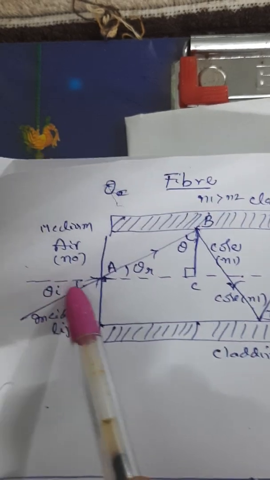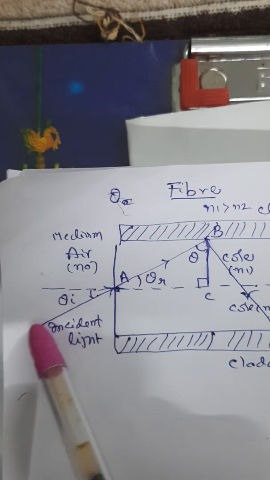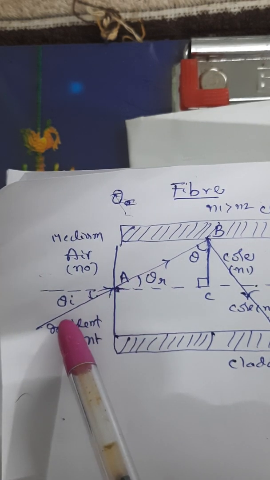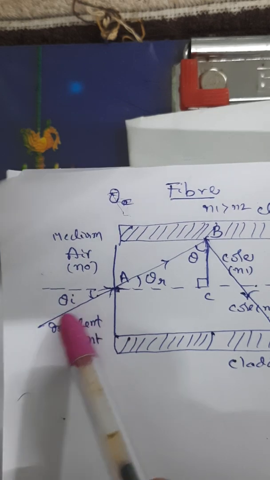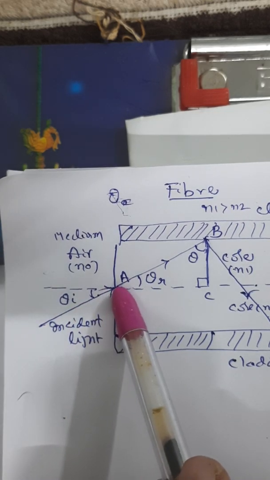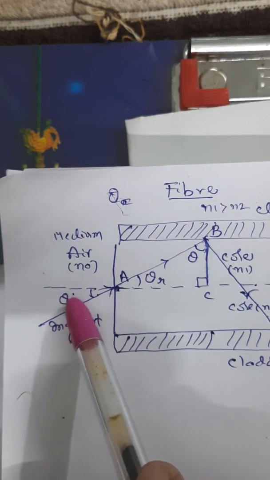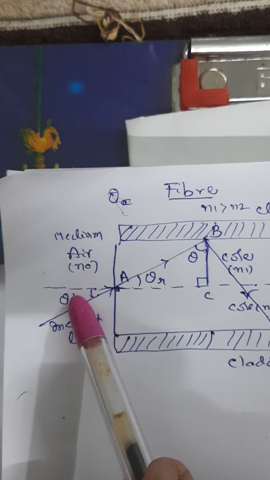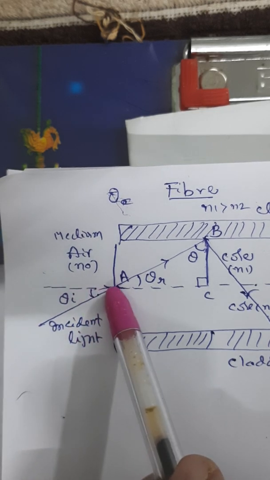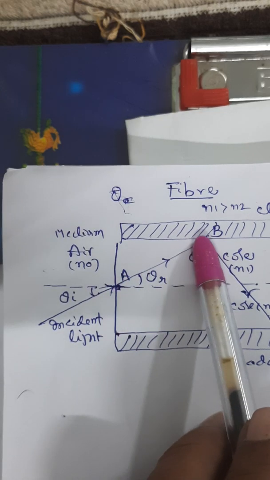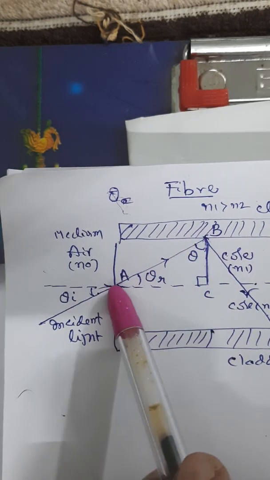Now here at this point, suppose the light is incident in this direction. So the incident light while entering into the core at this point A makes an angle theta I. Theta I is nothing but angle of incidence with the fiber axis. So in the core, it travels along this direction, that is along AB.